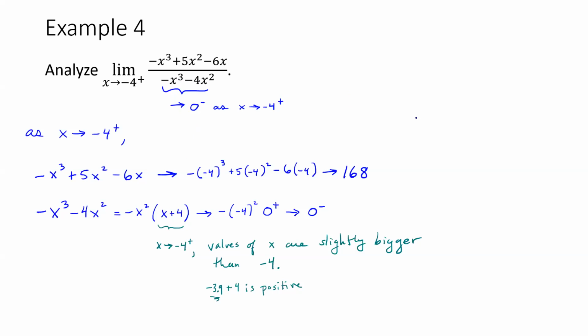So with that, we can say now for the whole thing, let me squeeze it over here. The whole thing, negative x cubed plus 5x squared minus 6x over negative x cubed minus 4x squared, is going to approach 168 in the top, and then it's going to approach 0 from the negative side in the bottom.